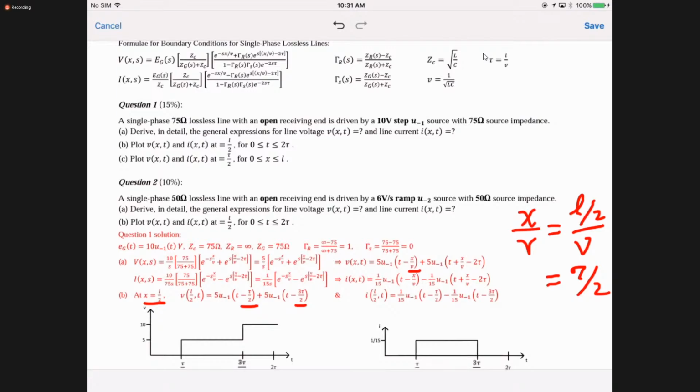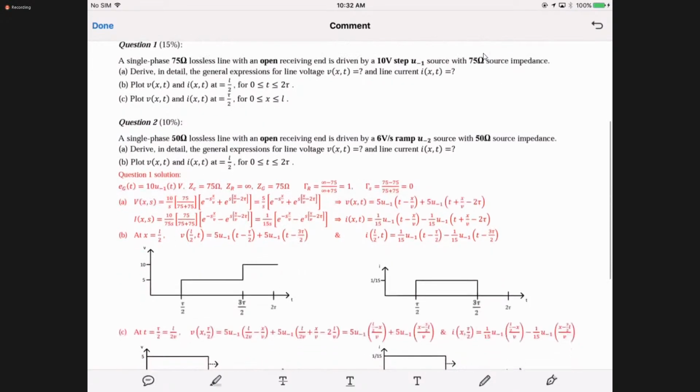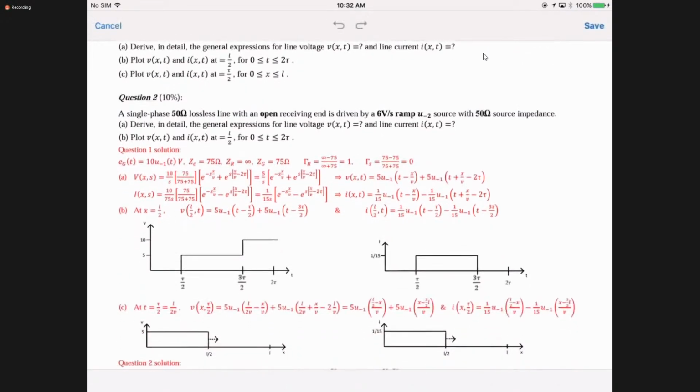When you practice, it's nothing, but trying to figure it out in the exam is almost impossible under time pressure. Now, once you have the equation, how do you use this equation to sketch it?